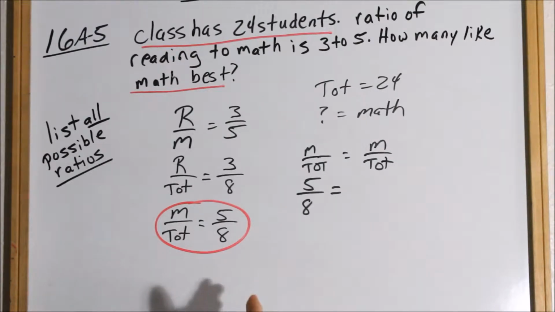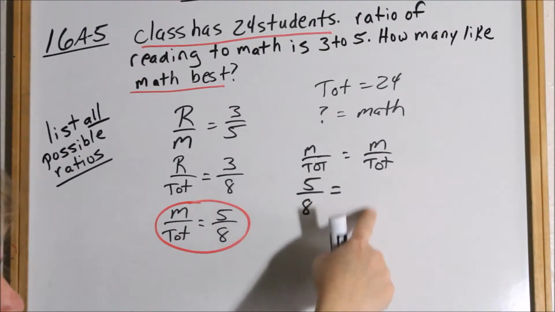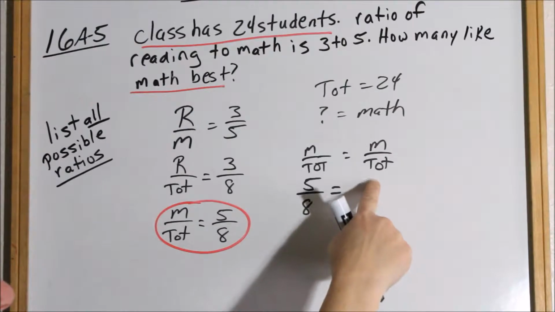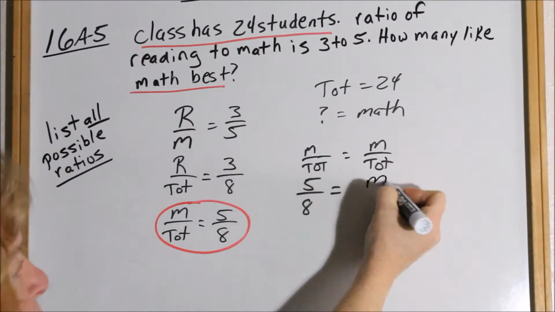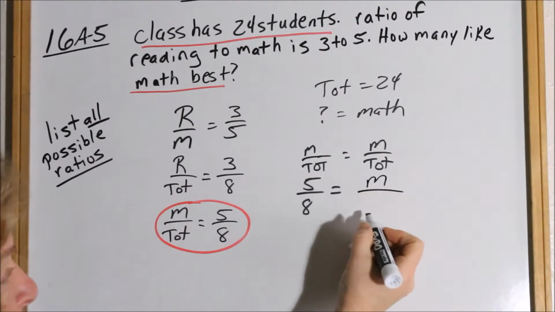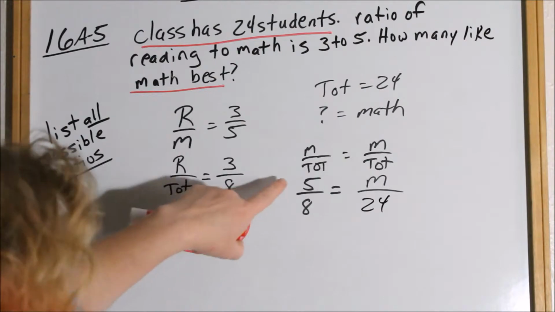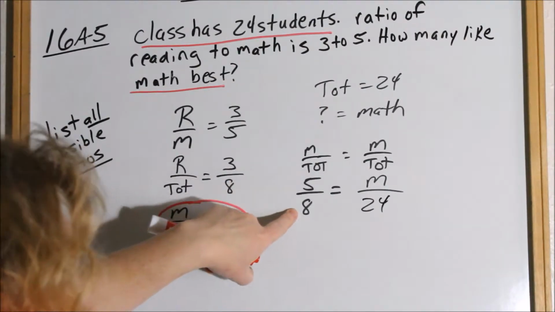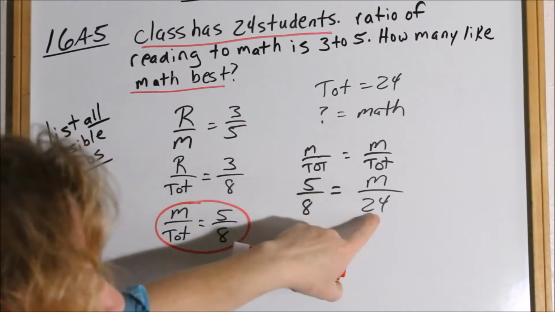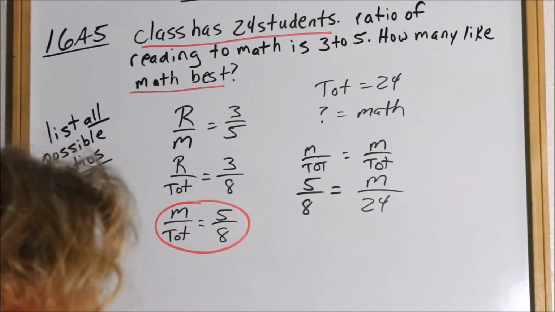We're going to have a ratio equal to a ratio to help us solve. So over here we have math to total, so over here we have math to total as well. So M is what we're trying to find. We don't know how many like math the best, but we do know the total class is 24 students. So if we have a ratio of 5 to 8, how many will like math when there is a total number of students of 24? That's what we're looking for.